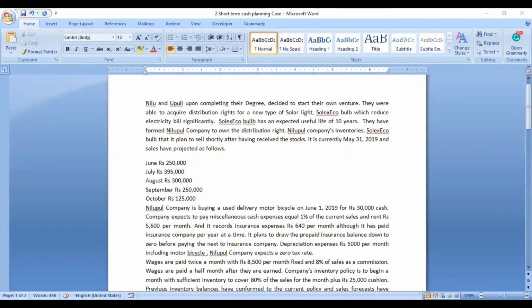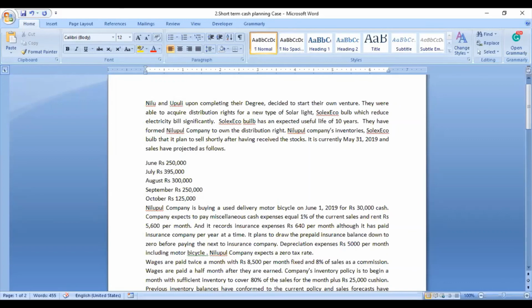Solex Eco bulb has an expected useful life of 10 years, and they have formed Nilupul Company to own the distribution right. Nilupul Company's inventory of Solex Eco bulbs is planned to be sold shortly after having received the stocks. It is currently May 31, 2019, and sales have been projected as follows.